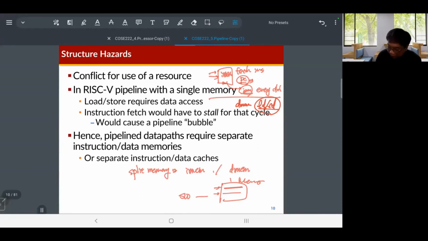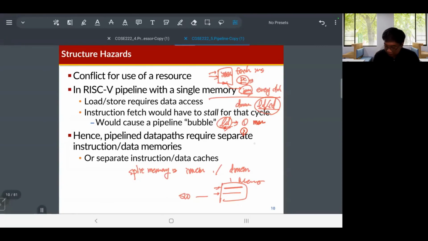So what's the problem? If we use a united memory, where instruction memory and data memory are in the same memory, then for the load instruction, we first need to access the memory for fetching this instruction, and then we need to access this memory for data access.